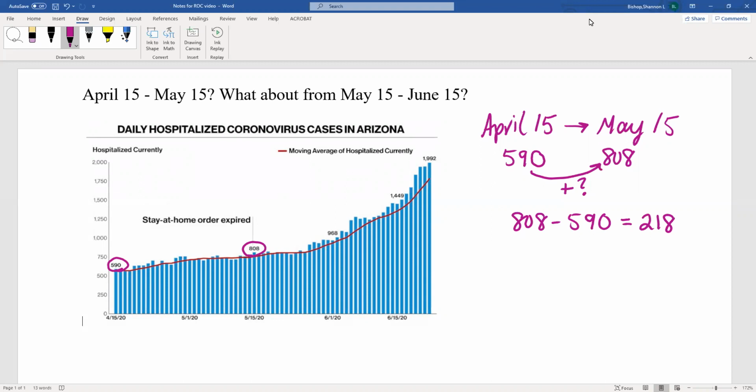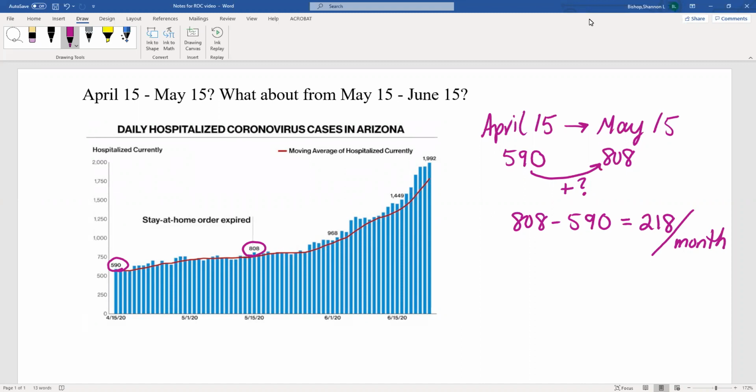For this particular one, you can look at it one of two ways. You can say that it was 218 additional hospitalizations over the course of that month. That would be one way to communicate that rate of change: they went up 218 hospitalizations in that month.